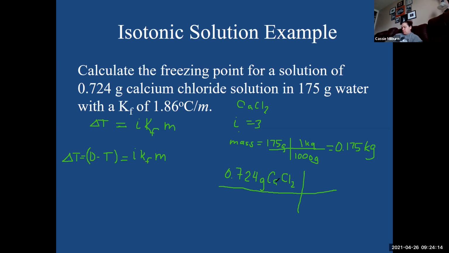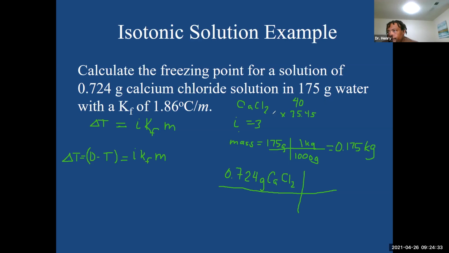So calcium, I remember, is 40. Chlorine is 35.45, and there's times 2, so that's 70.9, plus 40.